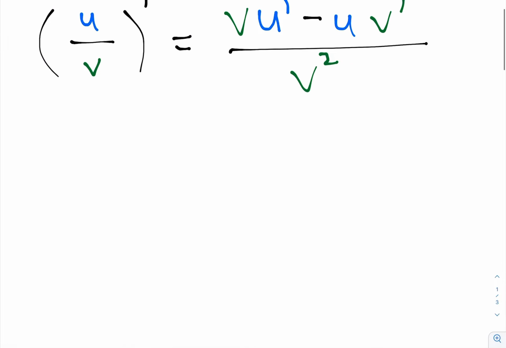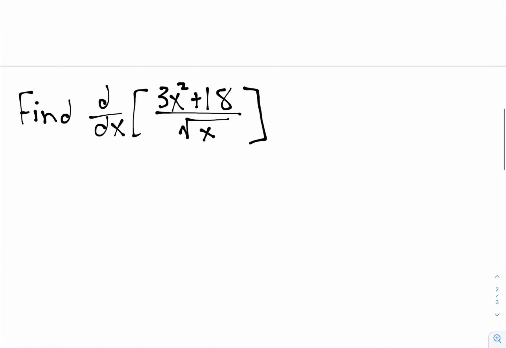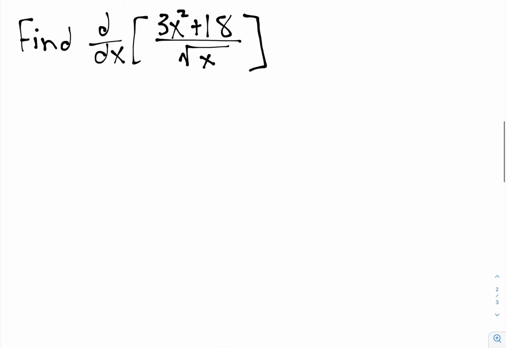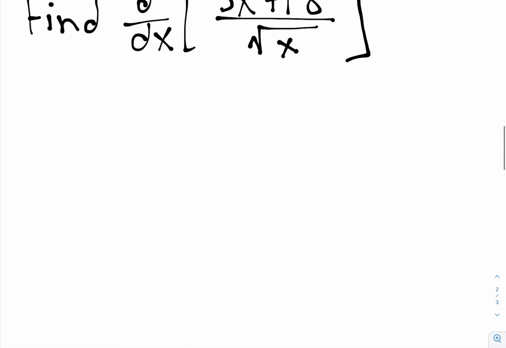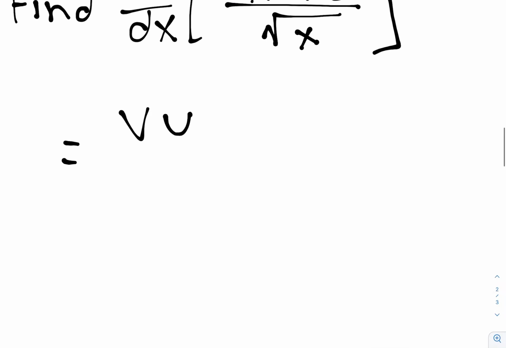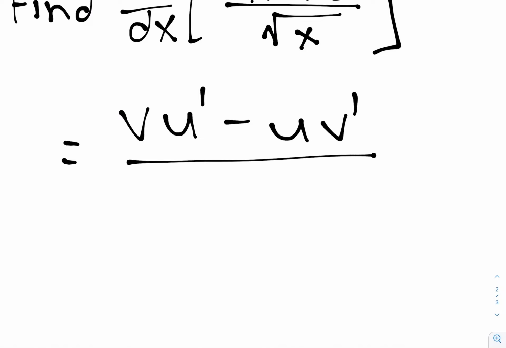Okay, so let's just think of an example. Let's say we're finding the derivative of 3x squared plus 18 over the square root of x. So we know this is going to equal v times u prime, minus u times v prime, divided by v squared.